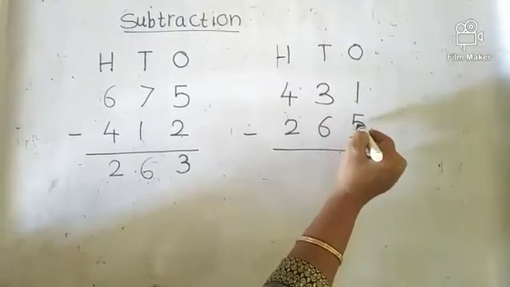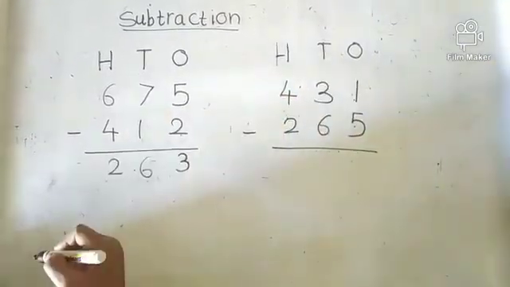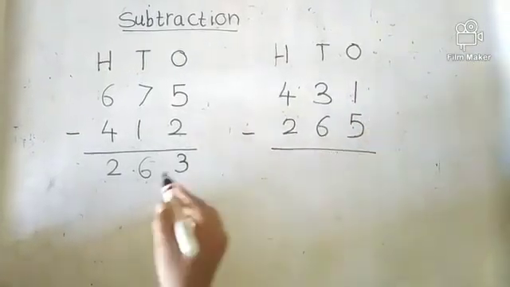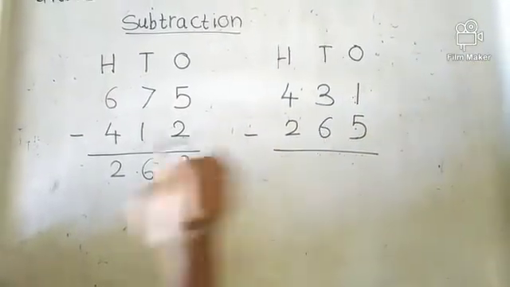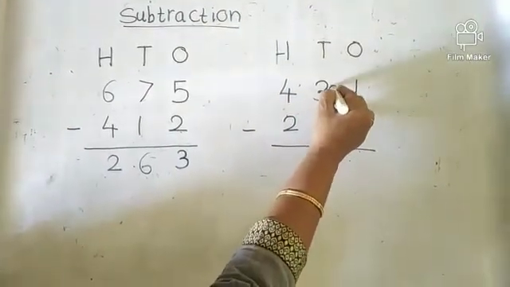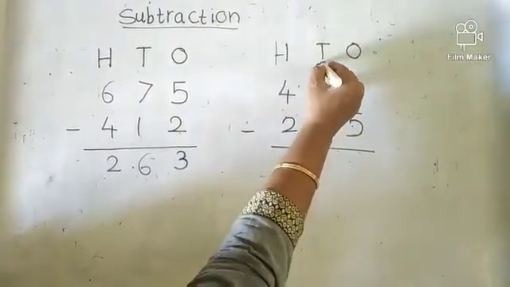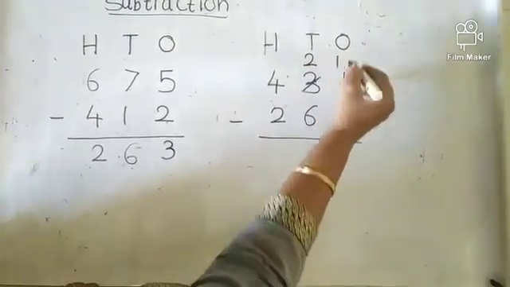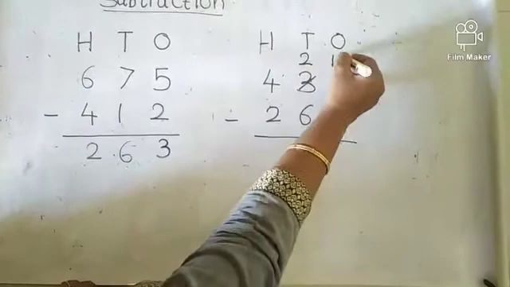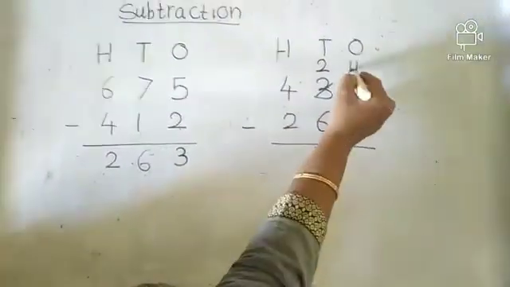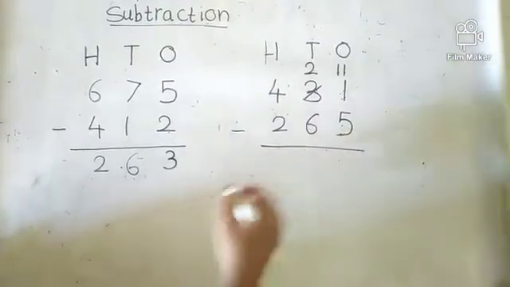We cannot subtract 5 from 1 because 1 is smaller than 5. So we have to regroup or borrow 1 tens from tens place. So here remains 2 and 1 tens here. So this 1 tens and this 1 ones become 11. Now tell me 11 minus 5.